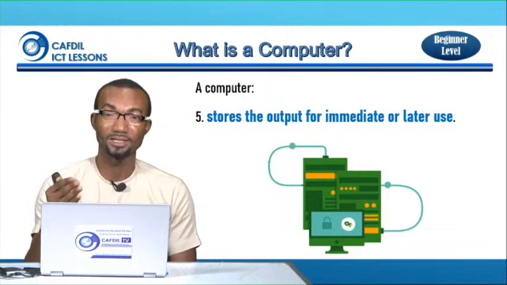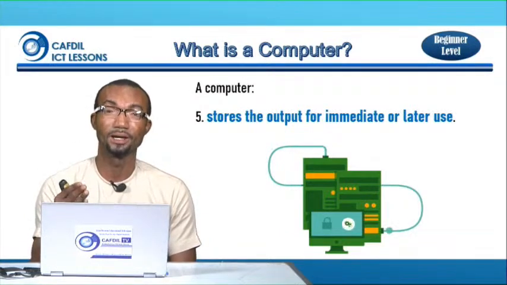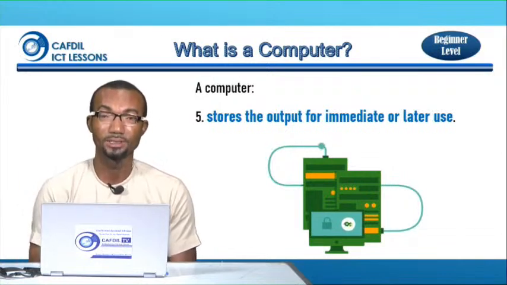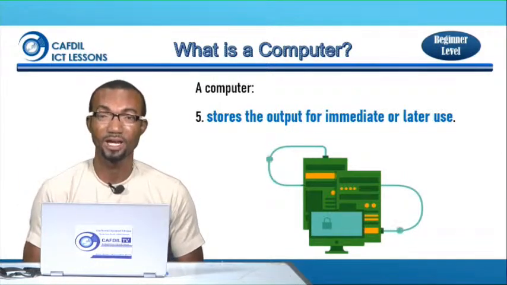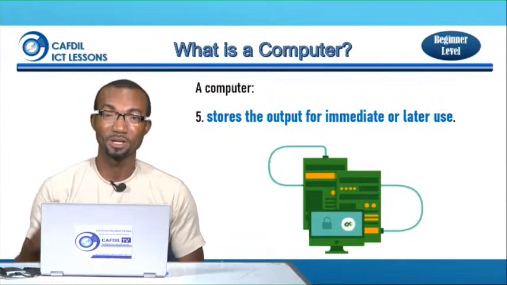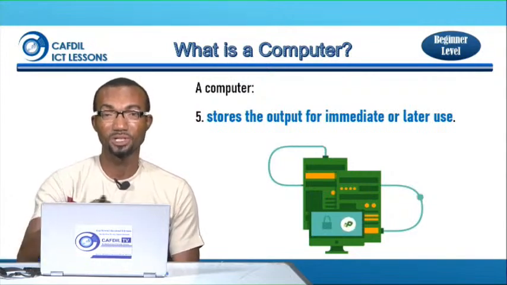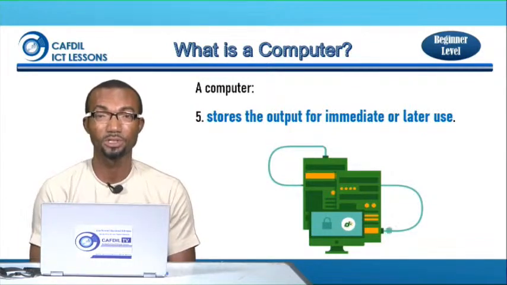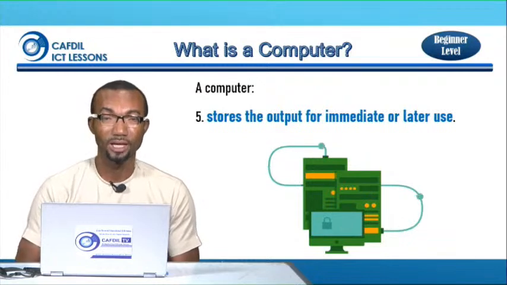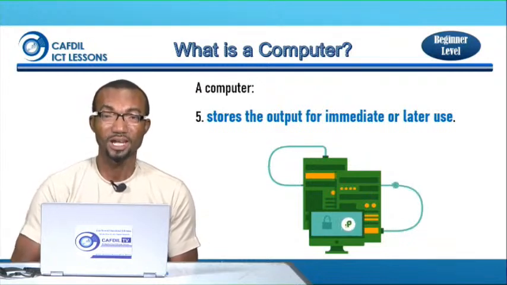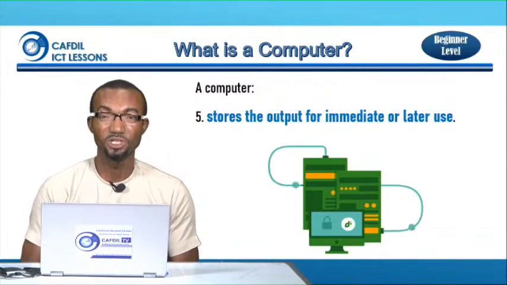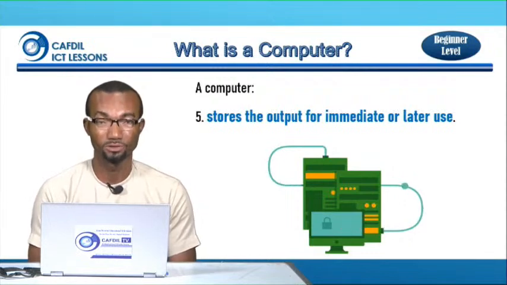And in ICT, there are a lot of storage media that we can keep our data on, like the pen drive. Anyone using a phone, most people will be having a memory card inside that stores data. The phone even comes with its own internal memory for storage. So a computer stores the output for immediate or later use.